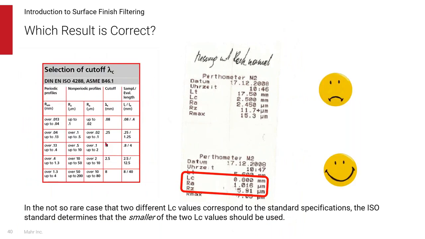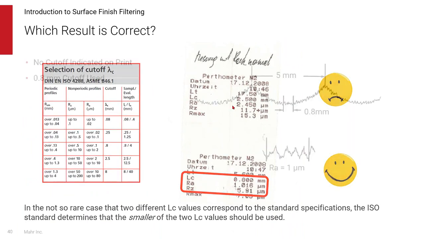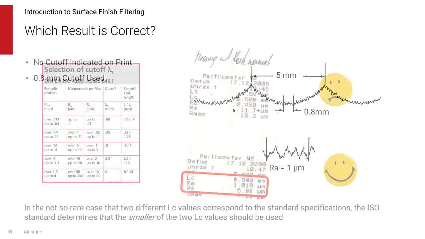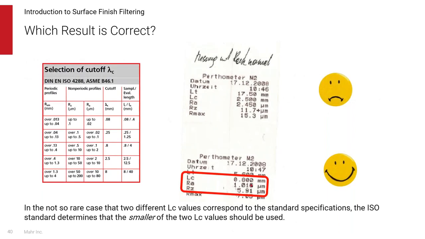The same thing can happen, and we can do another example by selecting different cutoff lengths and making two traces. We can verify that by using the 0.8, we get limits that fall within the tables on our table selection guide.